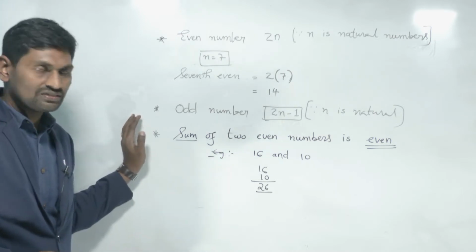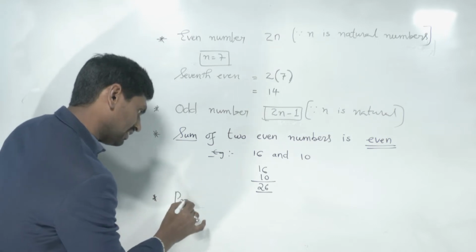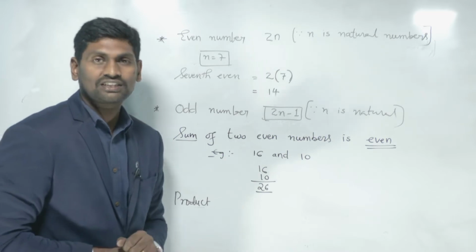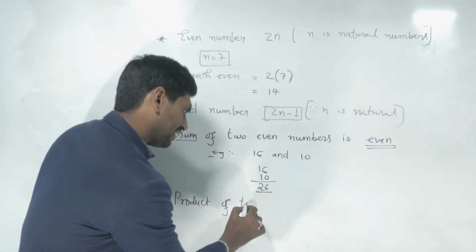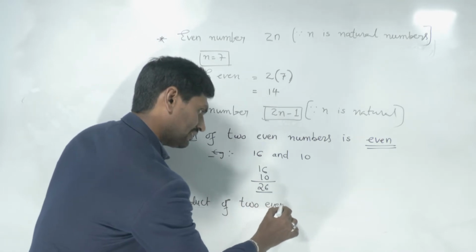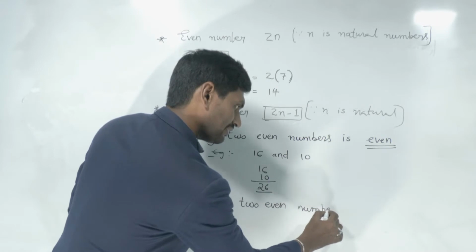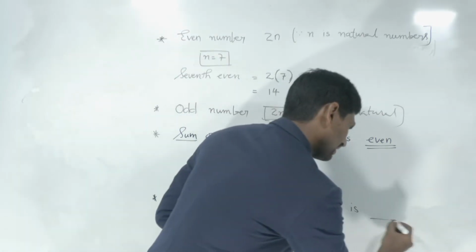Okay, na? Now what about product? Product means multiplication. Product of two even numbers is even only.